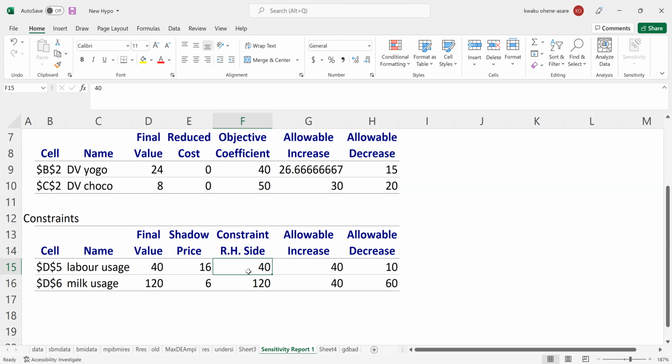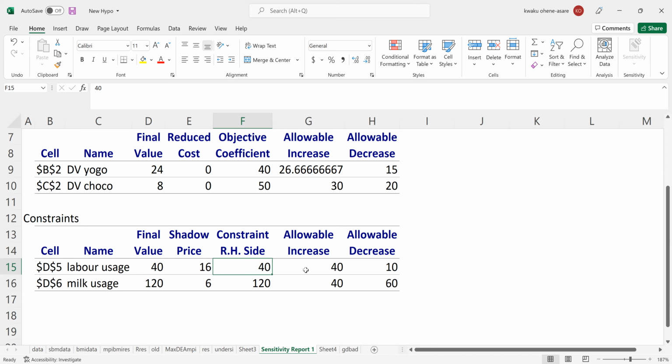So what this question is saying is that if you increase the hours of labor, which is 40, by a certain unit, let's say by 1 hour, so that now the hours have moved from 40 to 41, how is that going to affect the profit, the Z value? The shadow price will tell you.